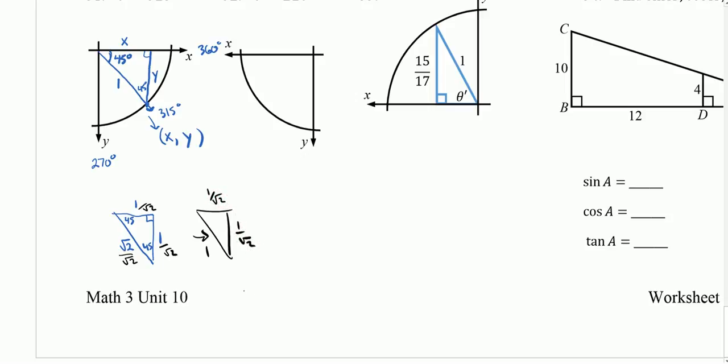And you remember 1 over root 2, we could rationalize the denominator by multiplying top and bottom by root 2, and so we could write that as root 2 over 2. And so that is the exact triangle we're working with here. It's a 45, 45, 90 with a hypotenuse of 1, so we know both x and y are going to be root 2 over 2.